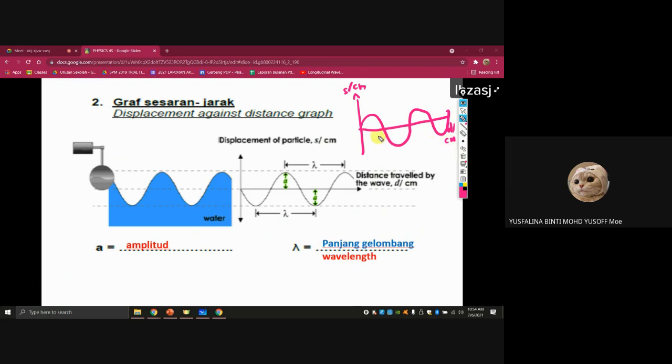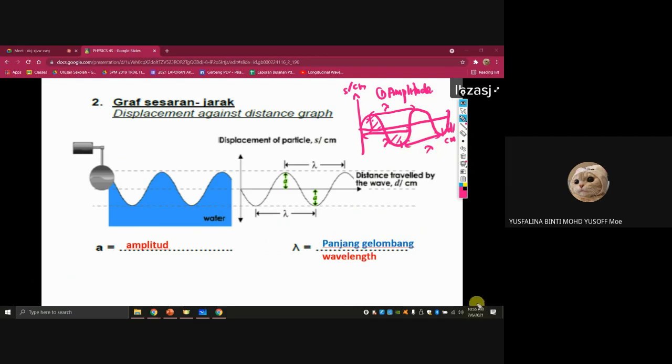So what you can get, the first one is of course the amplitude. And then the second one is the wavelength. So whether two semicircle or crest to crest, or trough to trough, you can get 1 lambda.